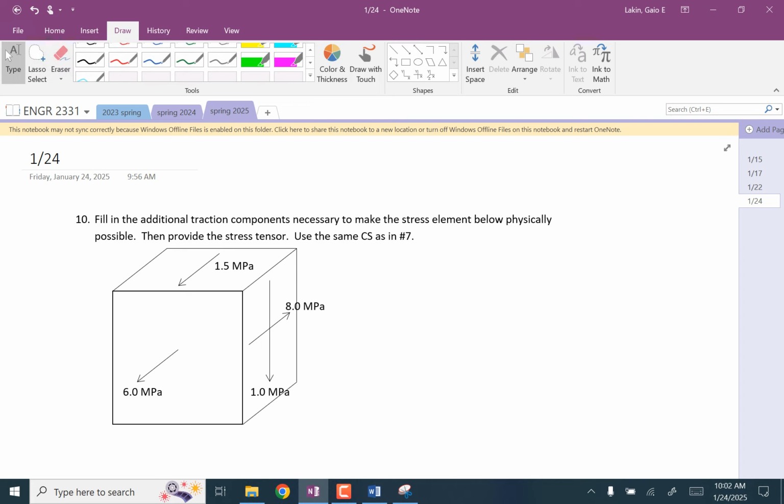Okay, so it's easiest with this kind of thing to just put it into the stress tensor and then fill in the missing stuff using symmetry of the stress tensor. But I think it's probably valuable to be able to do it from the stress cube too, just to visualize what this symmetry means.